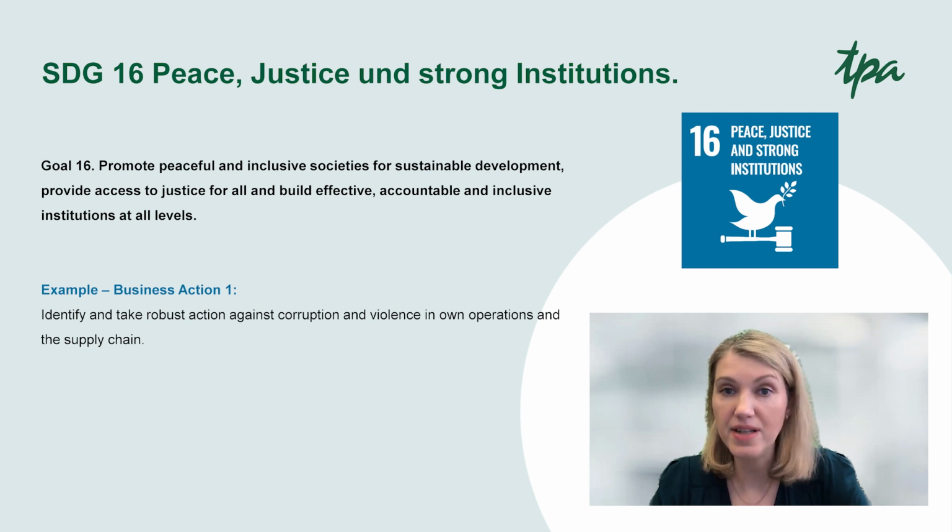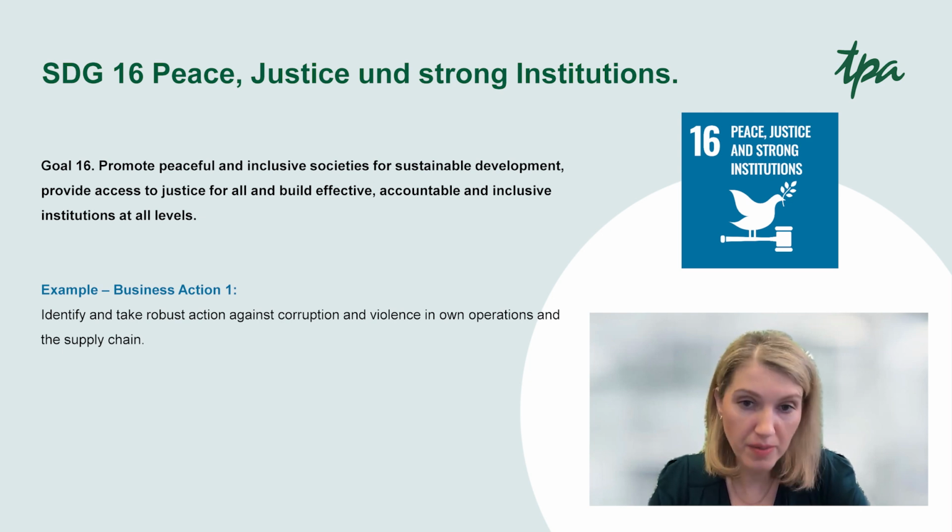How can companies achieve this? An example of a business action related to SDG 16 would be identifying and taking robust action against corruption and violence in own operations and in the value chain by sustainable procurement, for example.